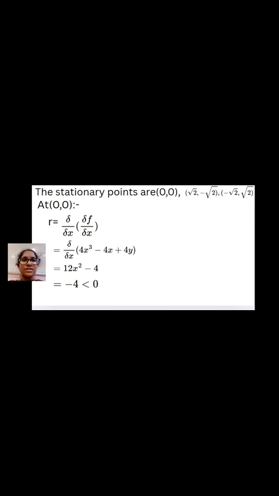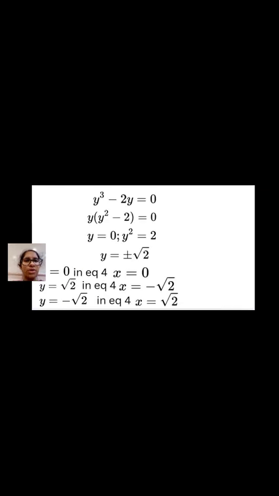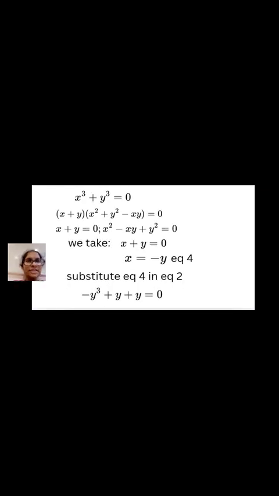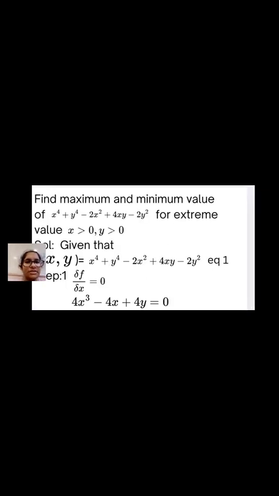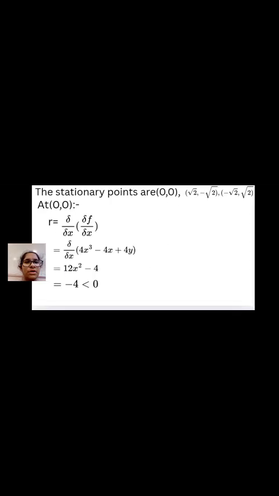First, at (0, 0), r = ∂/∂x of ∂f/∂x. From equation 1, ∂f/∂x is 4x^3 - 4x + 4y. Next we get 12x^2 - 4. In x^2, when putting 0, we get minus 4, that is less than 0.